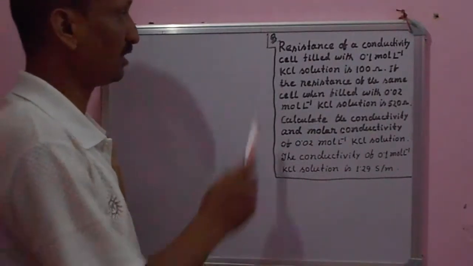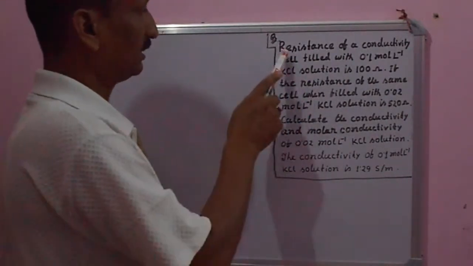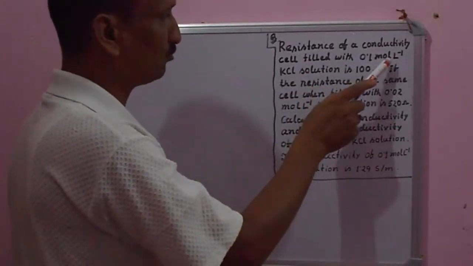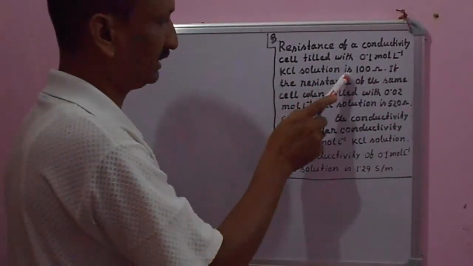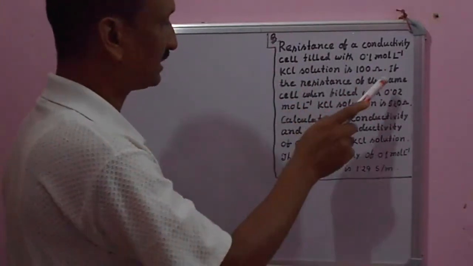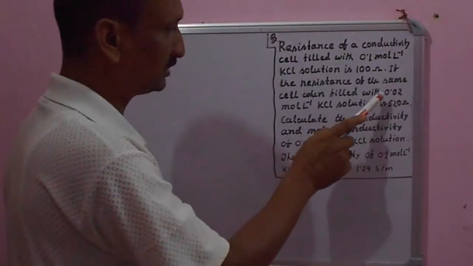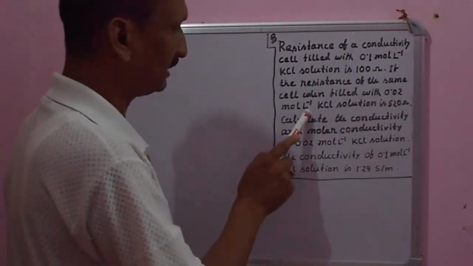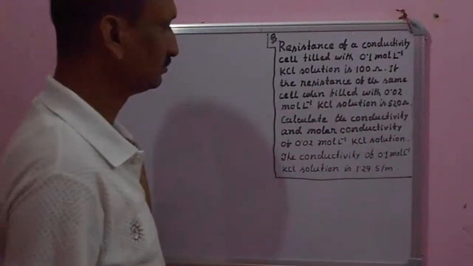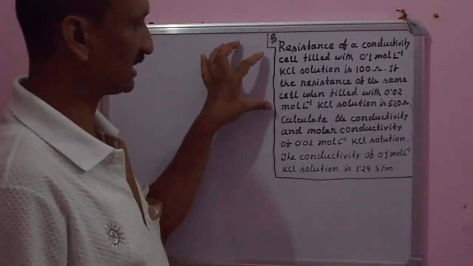So first you see one problem here, that resistance of a conductivity cell filled with 0.1 mole per liter KCl solution is 100 ohm. If the resistance of the same cell when filled with 0.02 mole per liter KCl solution is 520 ohm, that means here the two solutions are given.